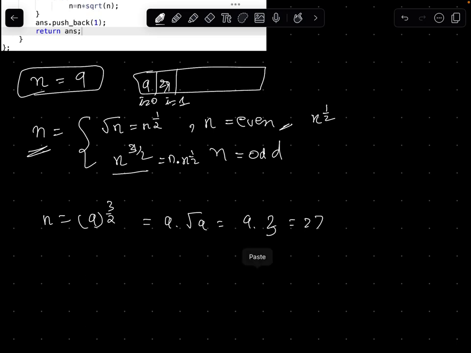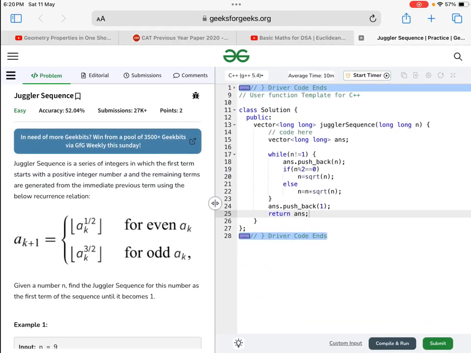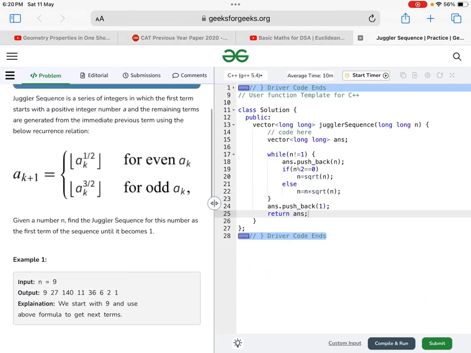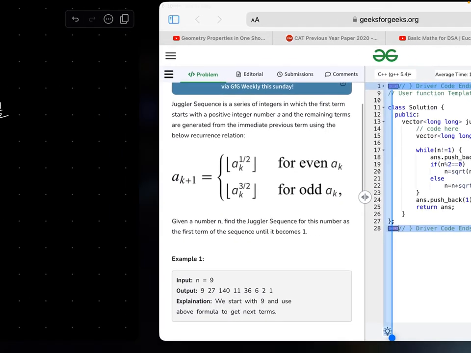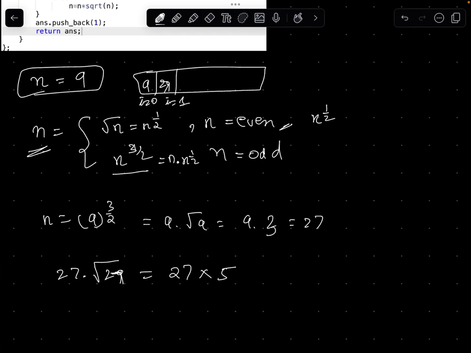27 is again odd. So it will be 27 into root of 27. The root of 27 is near to 5, since 5 squared is 25 and 6 squared is 36. In the problem, the given next value is 140.